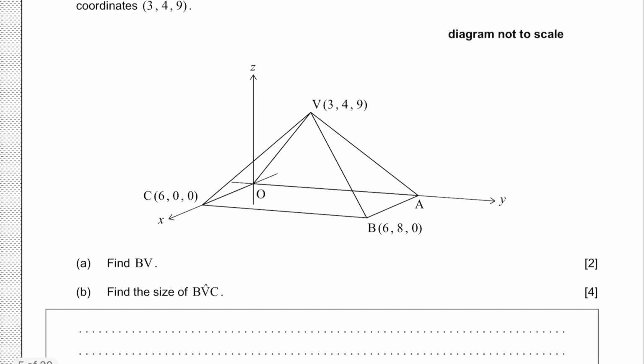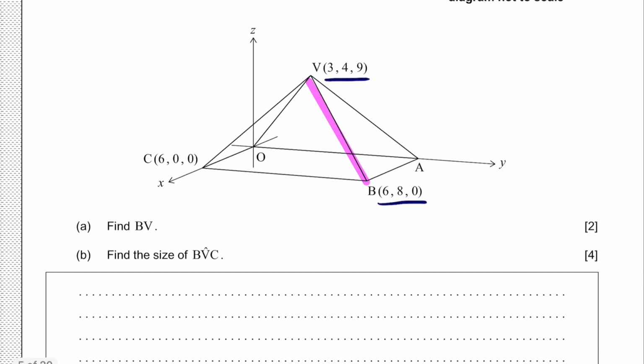So question A, we need to find the length between the point B and V. So means we are trying to find this length here. So we know that there's 2 points, which is 6, 8, 0, and V has coordinates of 3, 4, 9. So we're going to use the distance formula.